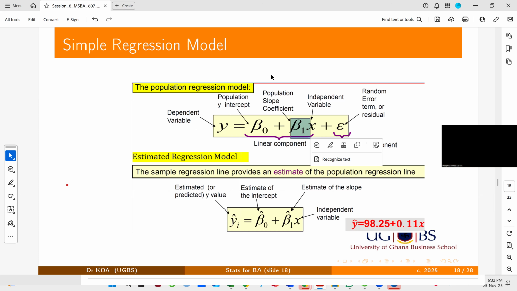And those other factors are what is known as the epsilon or the residual or the error term. The error term are those factors that can influence the target or dependent variable but have not been captured in the model. That's what we mean by the error term.